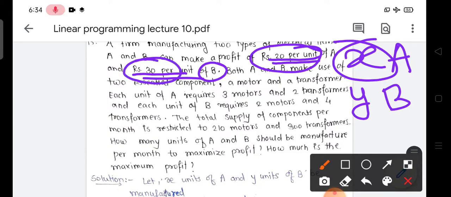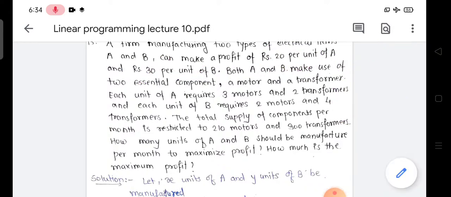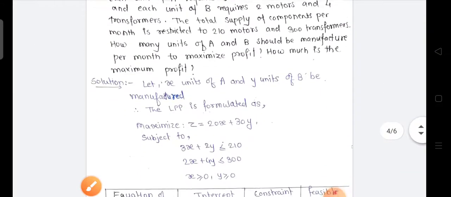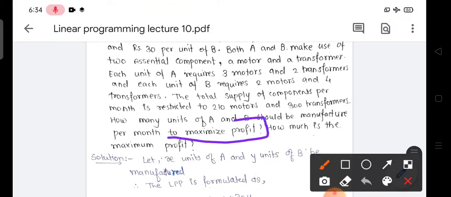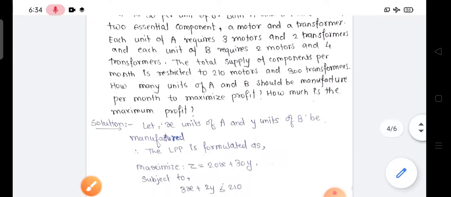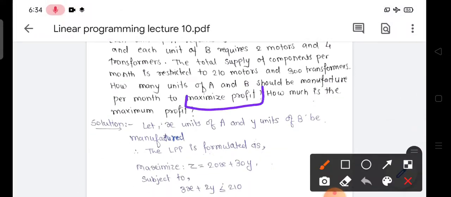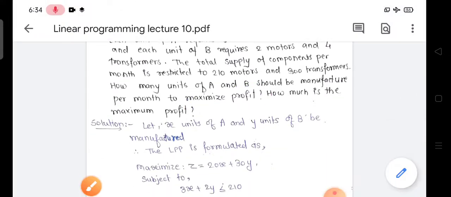If for 1 unit it is 30, then for Y units it is 30y. Therefore the LPP is formulated to get maximum profit.